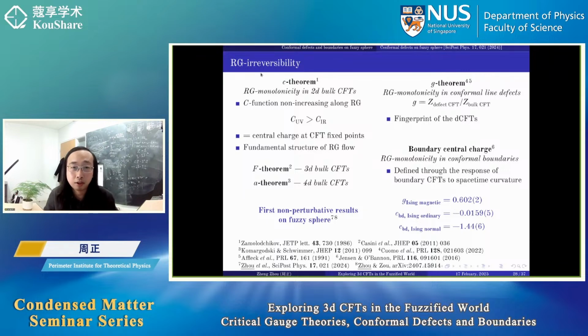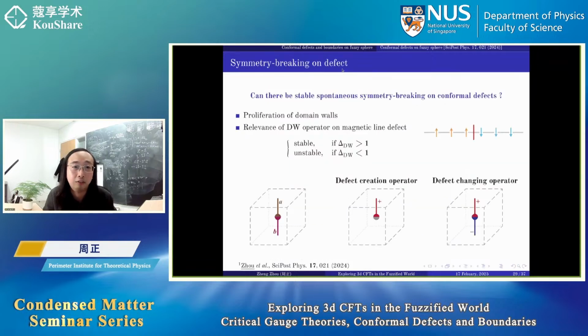And the second significant question is the symmetry breaking on defects. Namely, can there be a stable spontaneous symmetry breaking on the conformal defects, or on the Ising magnetic line defect? We know that for an independent 1D system, there cannot be spontaneous symmetry breaking.